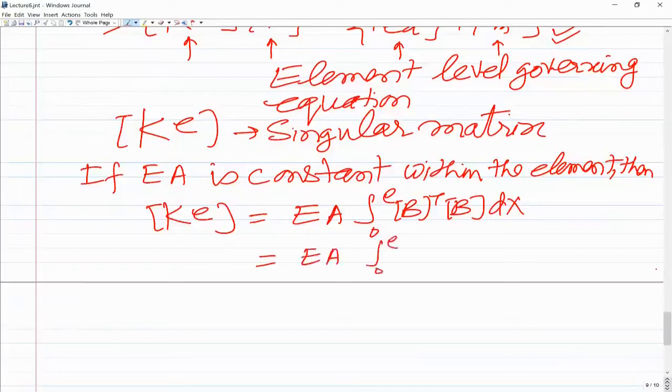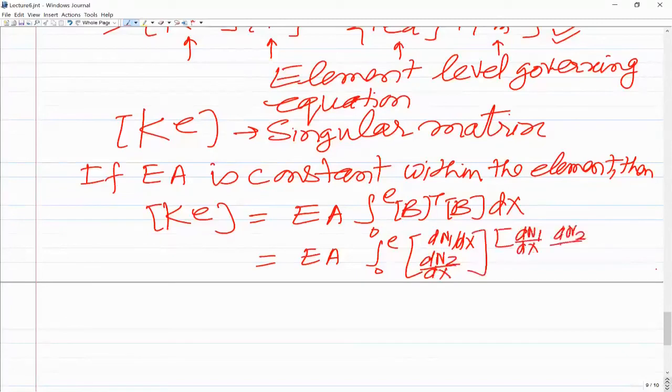So B transpose, if you see, B is dN1 by dx, dN2 by dx, basically a row matrix. Its transpose would become a column. So we will have dN1 by dx and dN2 by dx. So this is B transpose, and then B is dN1 by dx, dN2 by dx, and dx.